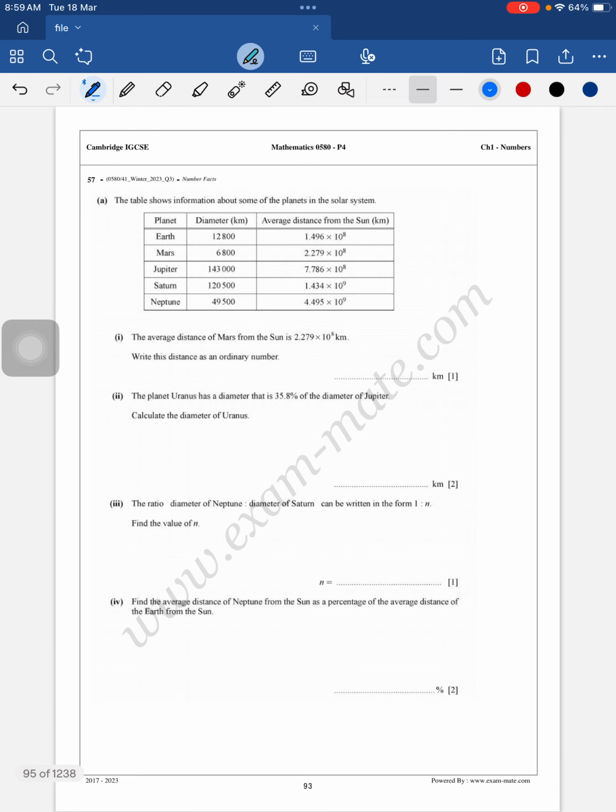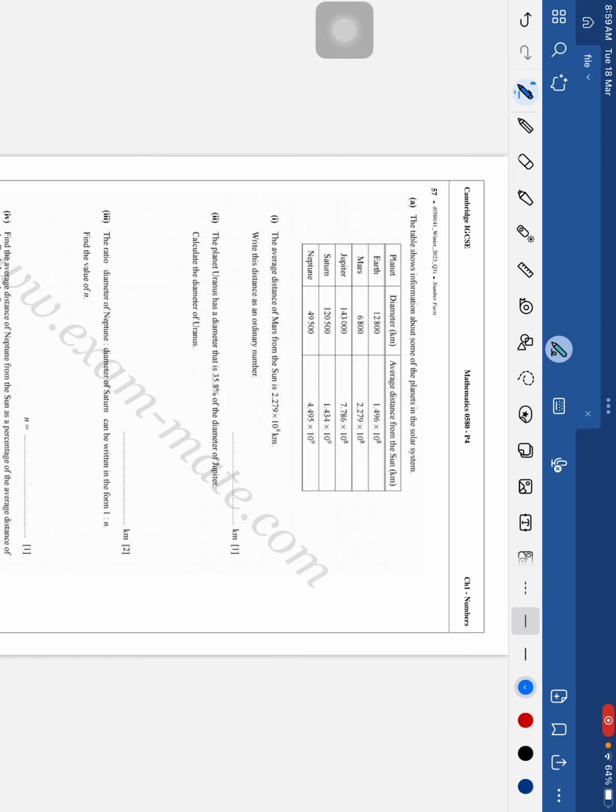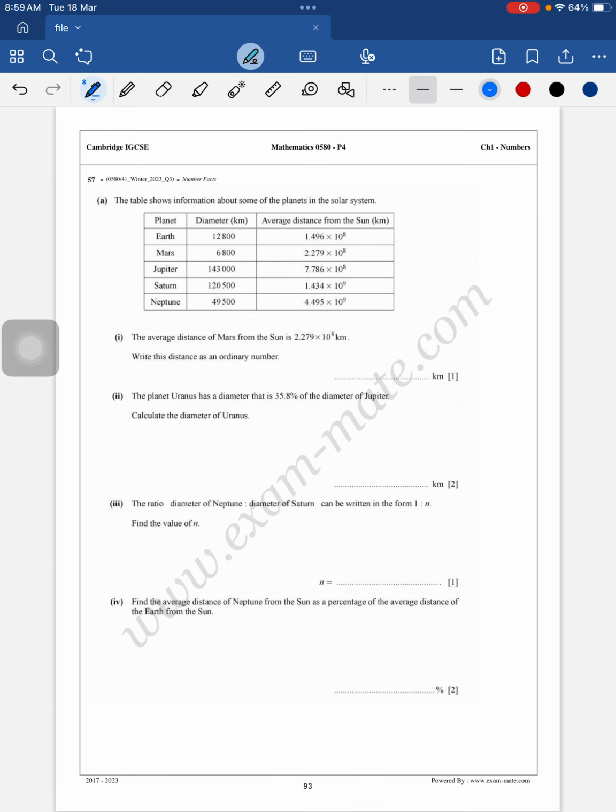Okay. Question number 57. The average distance of Mars from the Sun is 2.279 × 10^8 kilometers, right? Write this distance as an ordinary number. Ordinary number means that I have to convert my standard form into normal form, and in order to convert it, I just need to remove the exponent, that is 10 power 8, by shifting the decimal 8 places.